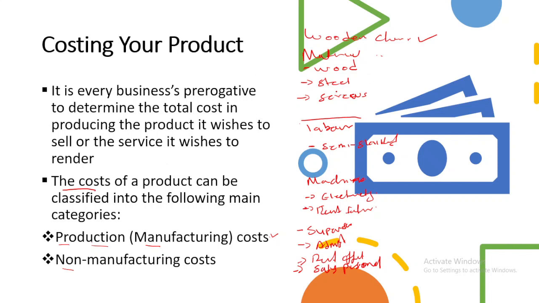So what will actually happen is that these will be the materials that you're going to need. You might find that the amount of wood needed to produce a chair is 3 kg, and the cost of this is 2 rand per kg. So to produce one chair is going to cost us 6 rand.